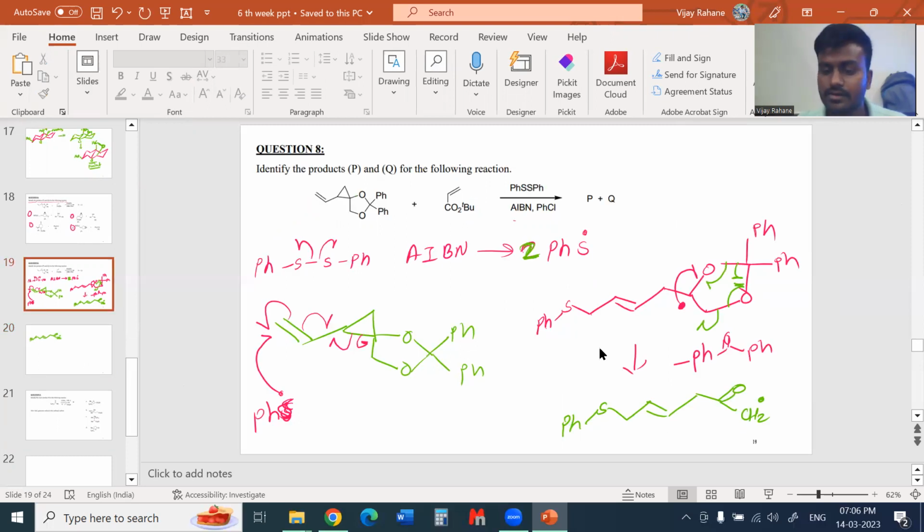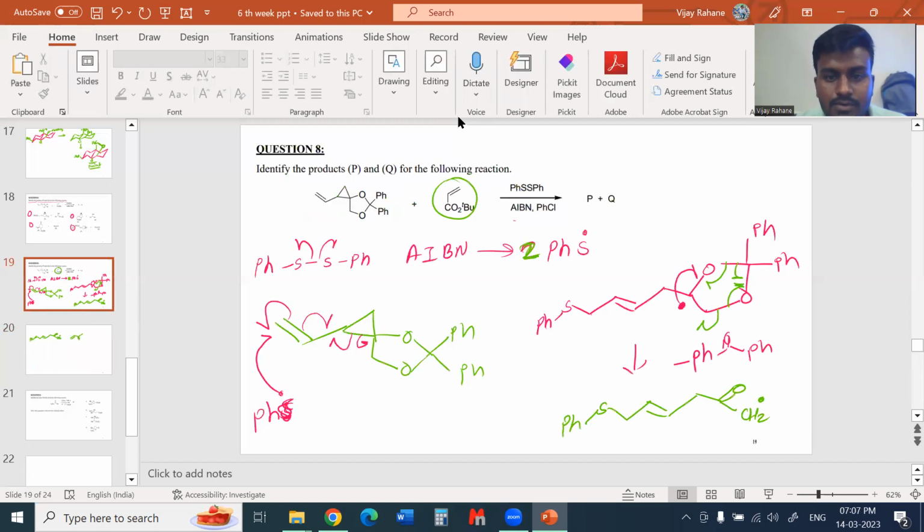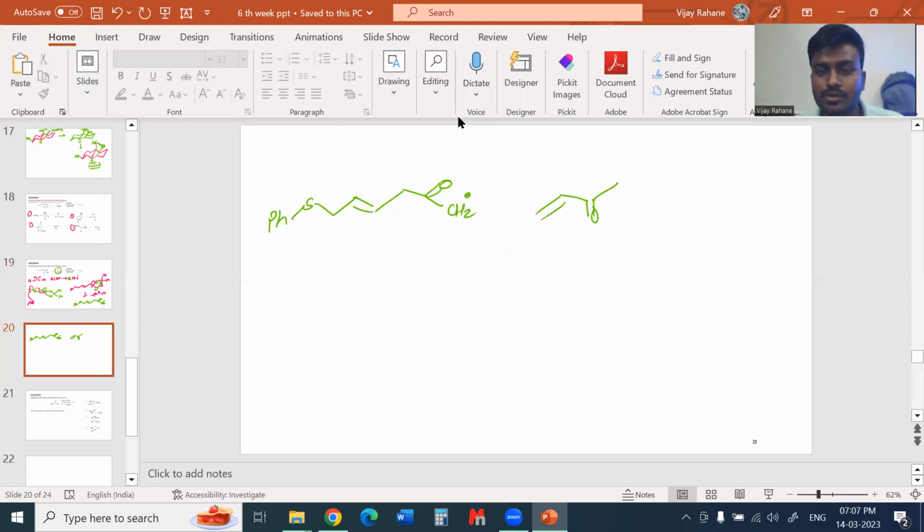Reacted with this second compound, OtBu, right? So when these two are getting reacted, if you see the polarization here, O radical.